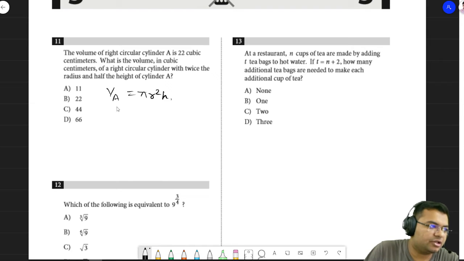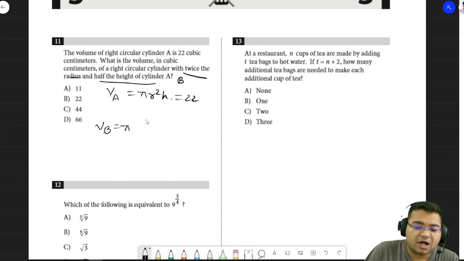Now let's say the other cylinder which we want to find the volume of has twice the radius and half the height. I am naming it b. The volume of b will equal pi, and instead of r square, it is twice the radius, so I will write 2r whole square, and instead of height h, I will write half the height.